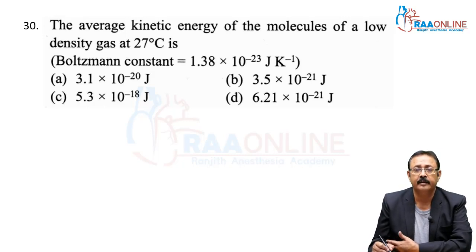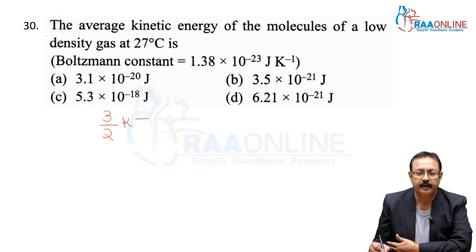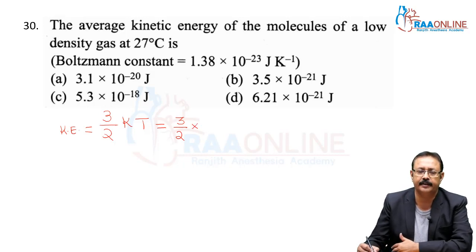We know that kinetic energy of molecule is given by 3 by 2 kT. We have the derivation. All physical quantities are given, and units are also SI units. So no need to take tension.